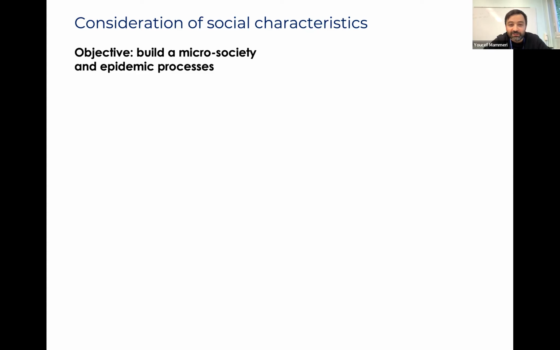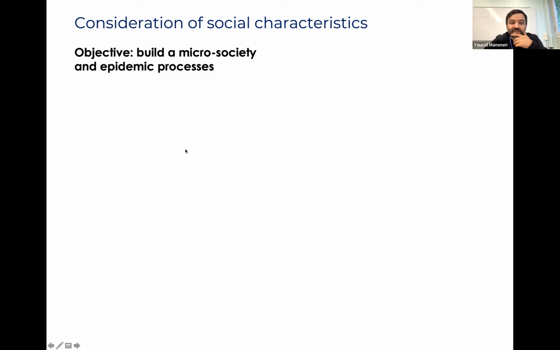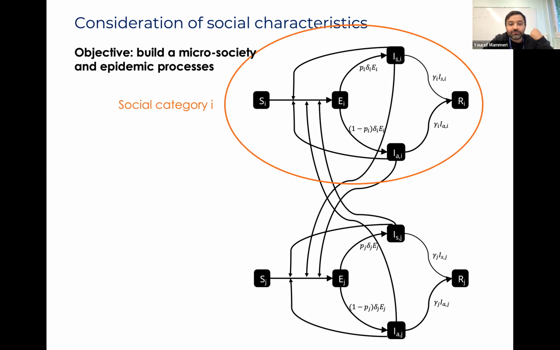If you are living in a big building with a lot of neighbors, it is not the same as living in your own home without neighbors. It's something that you need to take into account. But the idea is exactly the same as before, but instead of saying I am in one place, I will say I am from one social category.